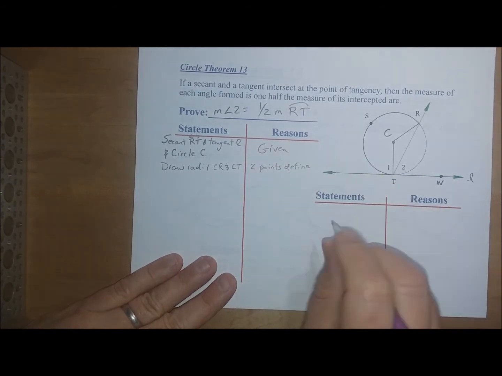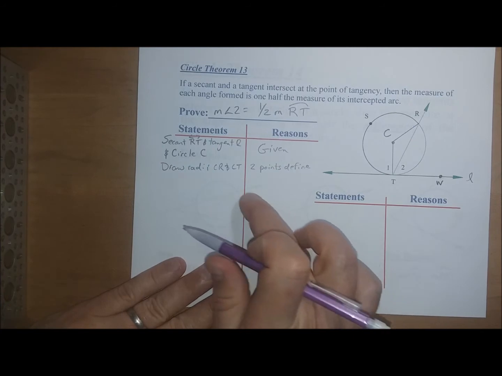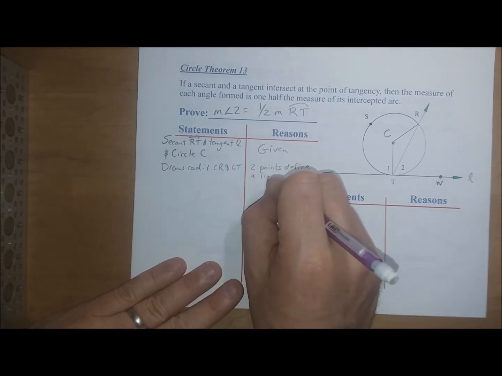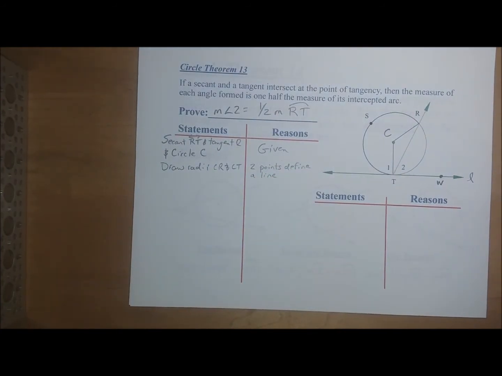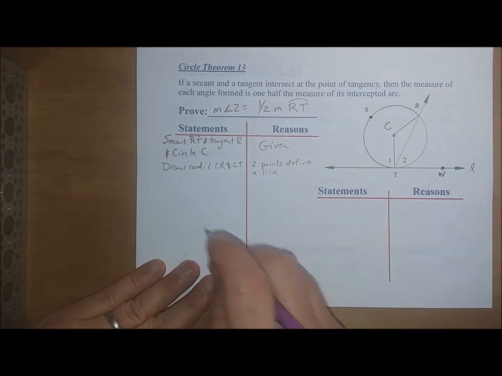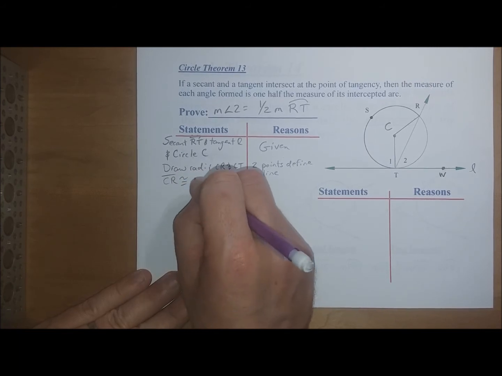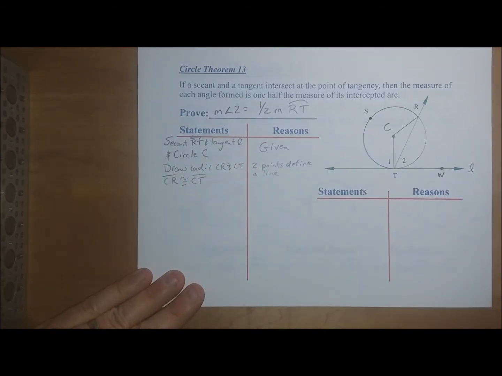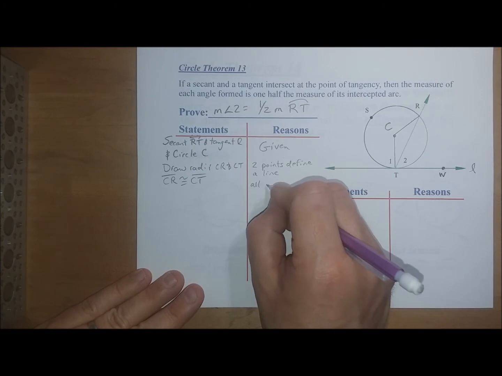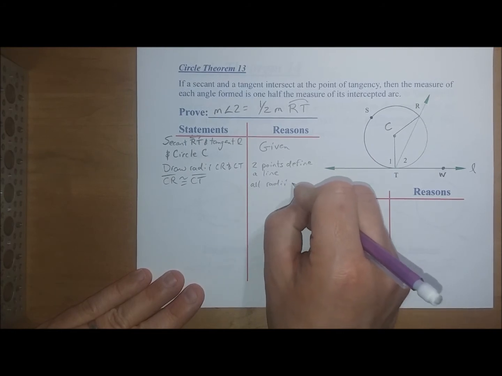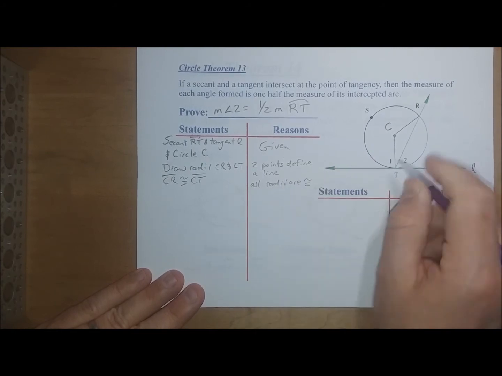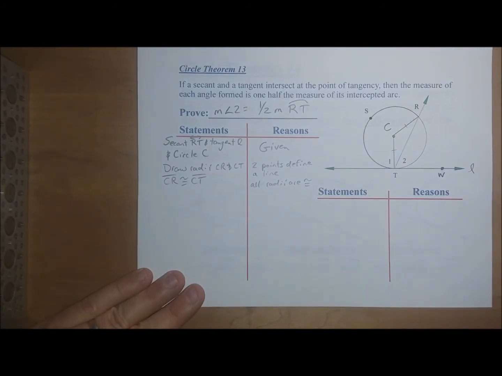We can drop in auxiliary whatever we want, anytime we want. Now, first of all, what can you say about CR and CT? Are they congruent to each other? Well, sure, because all radii are congruent. Good, and that's proving that.